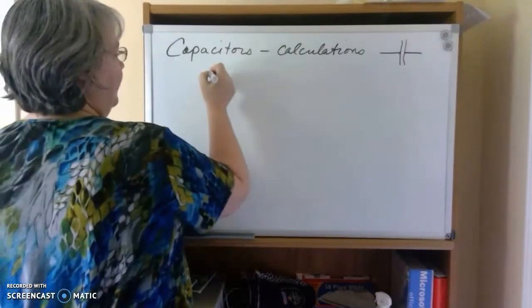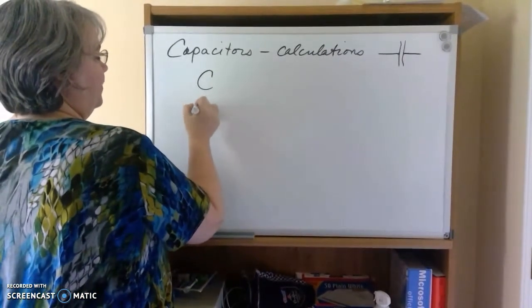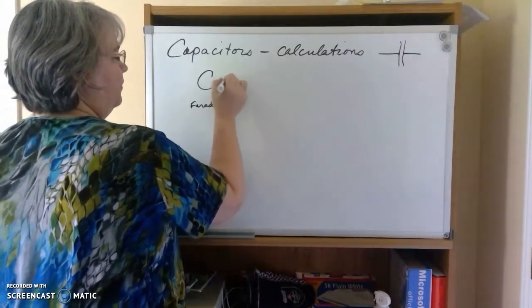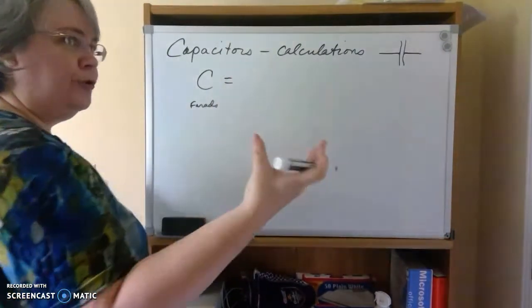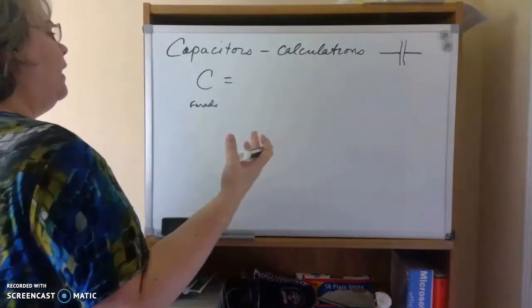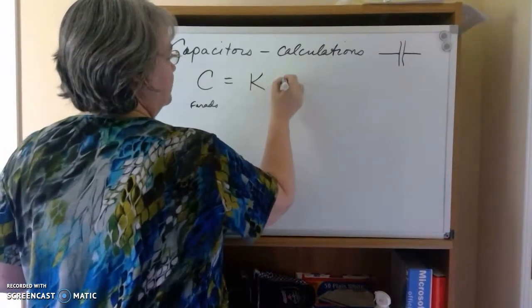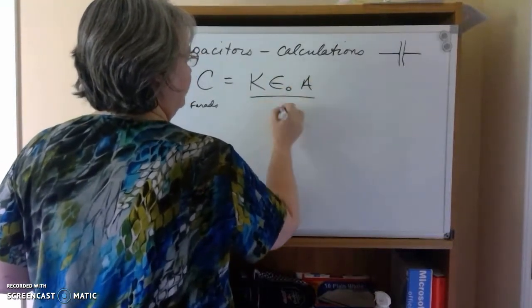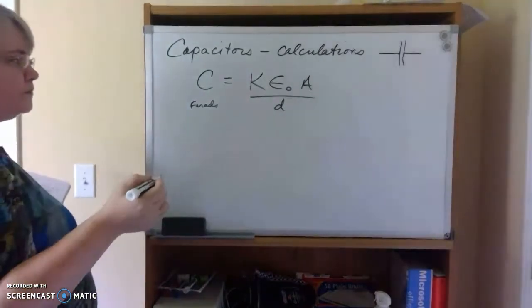So if we're going to calculate the capacitance in farads of a physical object, I'm engineering a new capacitor. The calculation is this. Now let's talk about what each of those variables is.